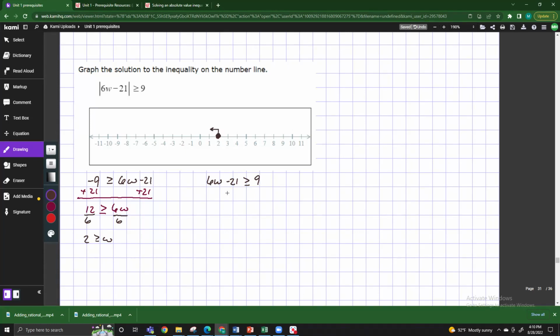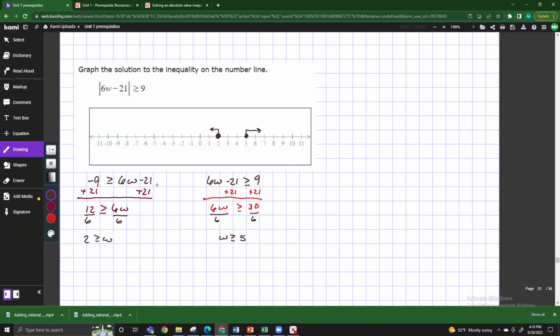All right, solving this one, I'm going to add 21 to both sides. So 6w is greater than or equal to 30, divided by 6. So I get w is greater than or equal to 5. So at 5 I have a closed circle, and w has to be bigger than that, so it is going that way.